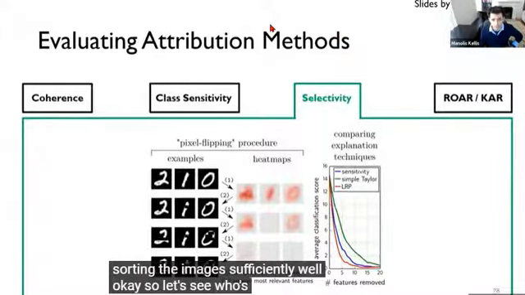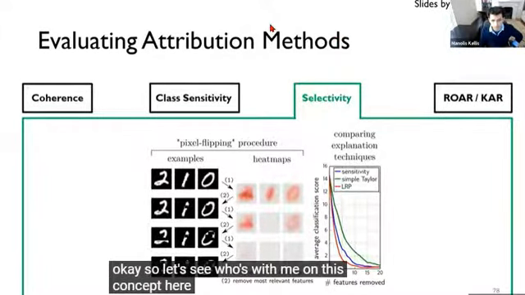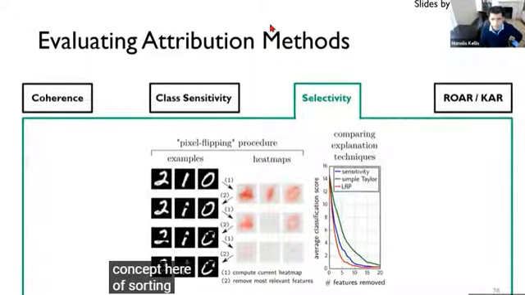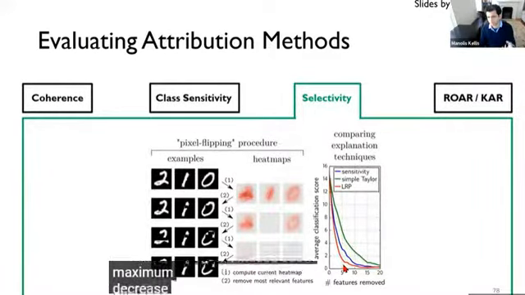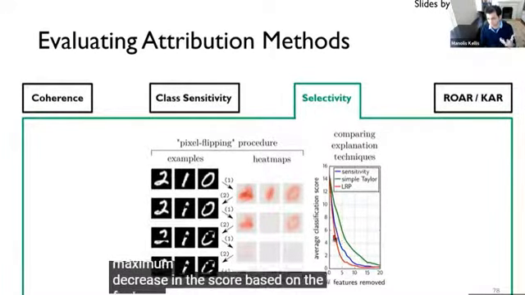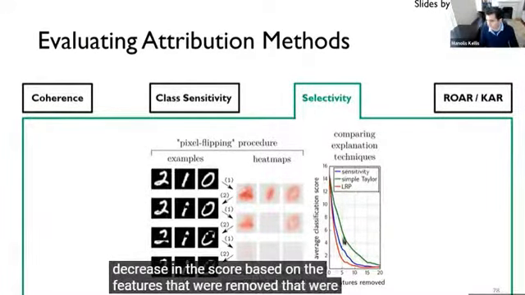Okay, so let's see who's with me on this concept here of sorting based on the saliency, and then asking, do I indeed see a maximum decrease in the score based on the features that were removed that were maximally salient?